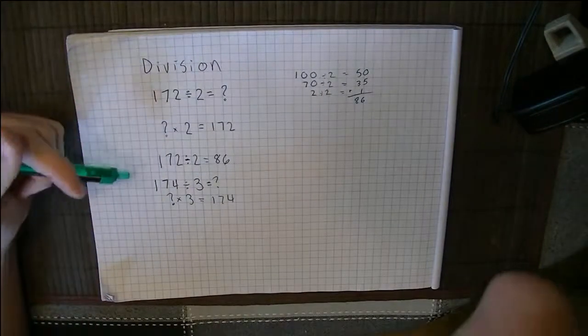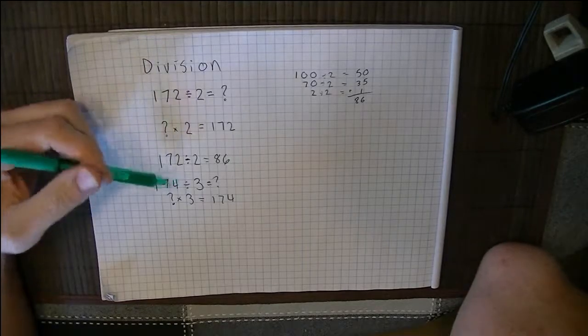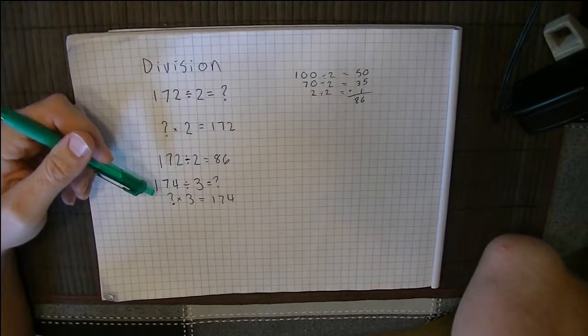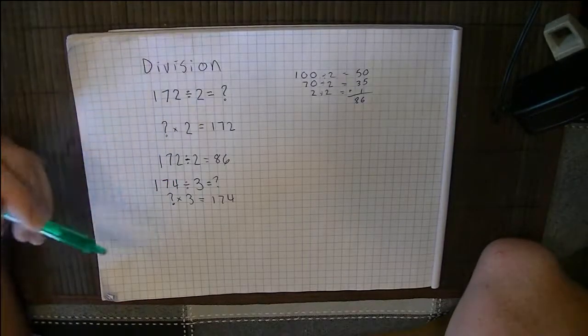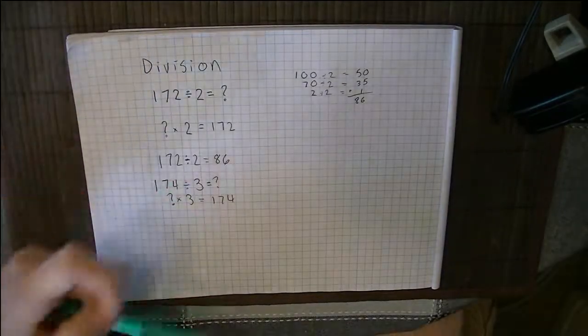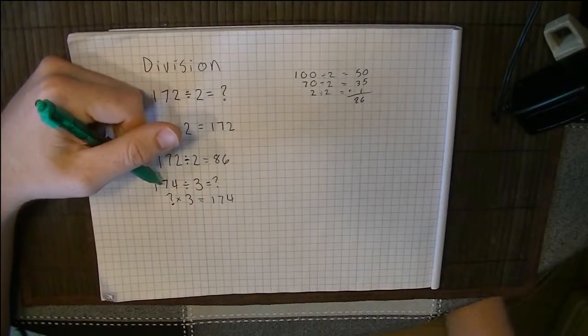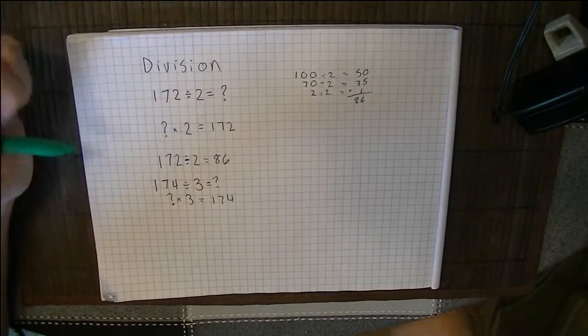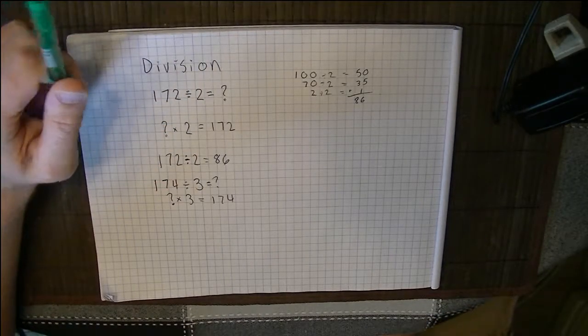I need to come up with numbers that I know 3 goes into, that I can break up and try and get them so that they add up to 174. So let's see.